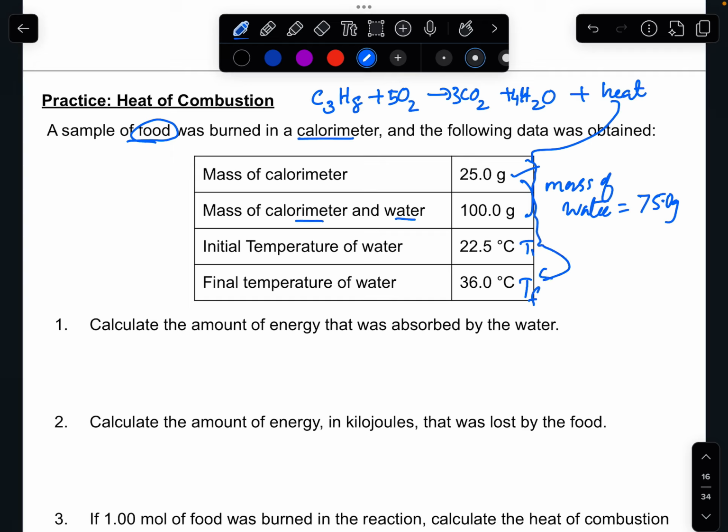Okay, so we are going to see how much heat will be produced by that fuel or whatever food you burned, or how much heat is gained by the water. It's easy.